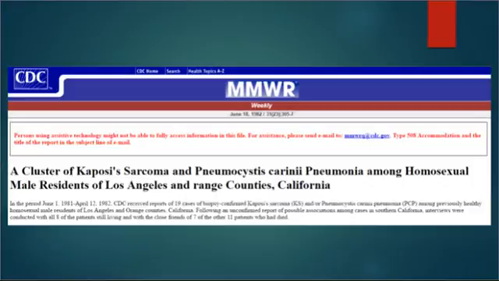Sometimes case reports can lead to very big things. For example, this was released in 1982. And if you think back to 1982, looking at homosexual male residents, as it says in this title, they had all of these very strange immunological disorders.